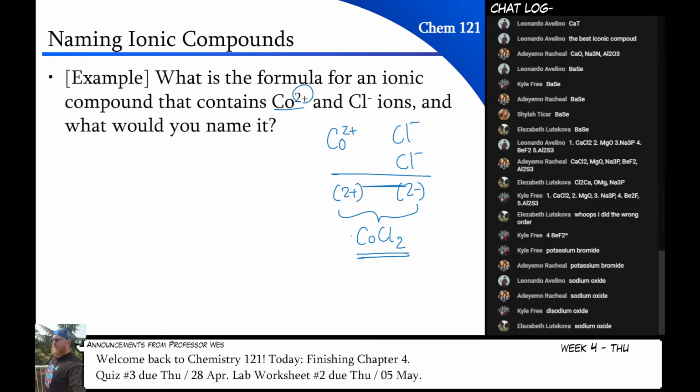You can work backwards from the formula to get to this part, right? So if I give you the formula, you have to undo this process and say, okay, well, I have 2 chlorine and they're each -1, so my cobalt must be +2. And once you've done that, you can now name the compound. So what is this? Well, it's got cobalt in it, and it has a charge of +2, so I'm going to write 2 in Roman numerals.